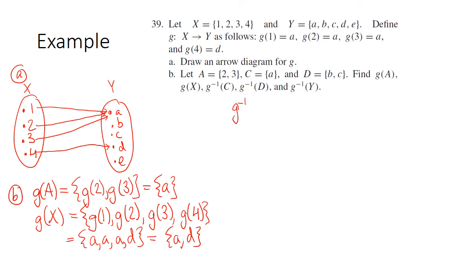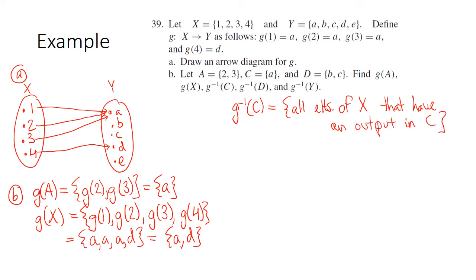So g inverse of C, this is going to be the set containing all elements of X that have an output in C. Let me just describe it to you that way.